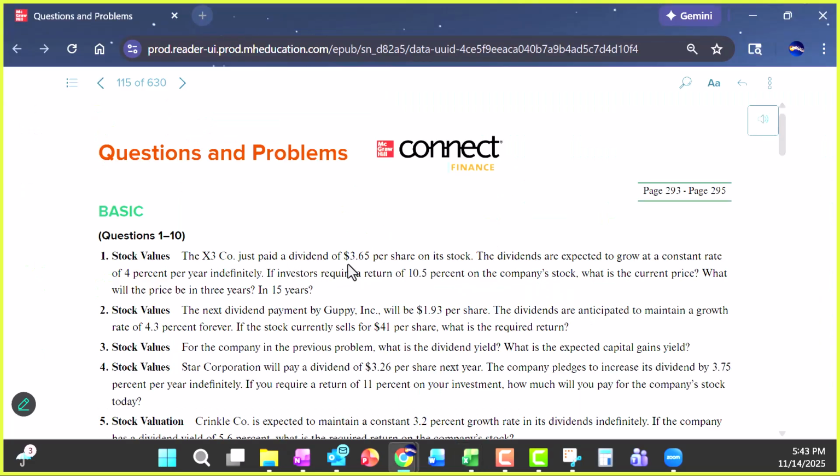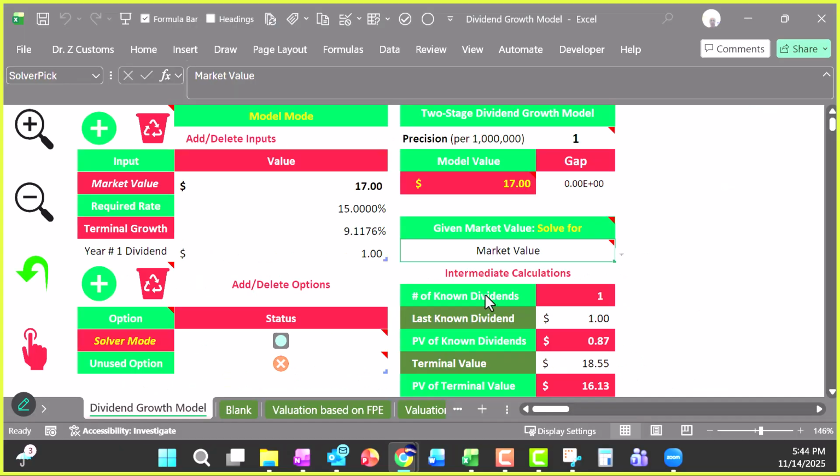This company just paid a dividend of 365 per share on its stock. The dividends are expected to grow at a constant rate of 4% per year indefinitely. Required rate of return is 10.5%. What is the current price? Now, this template allows for different number of known dividends.